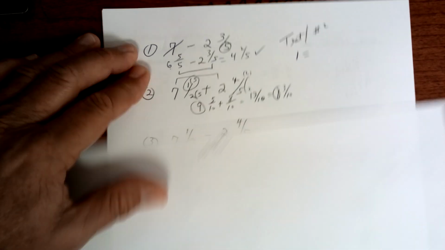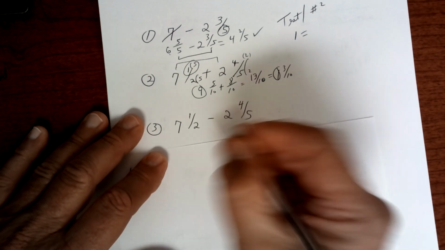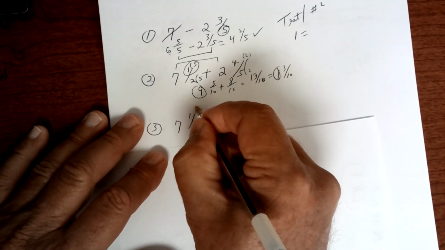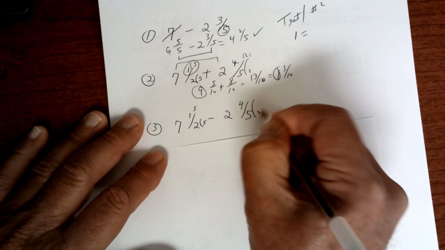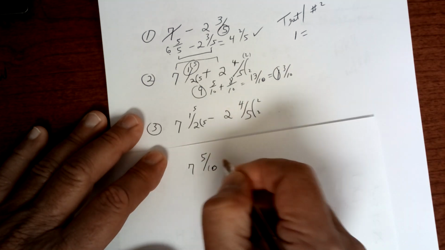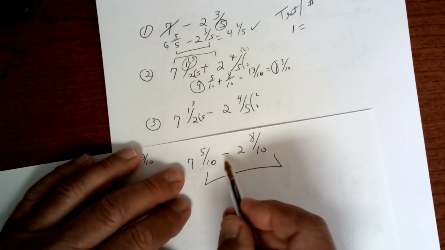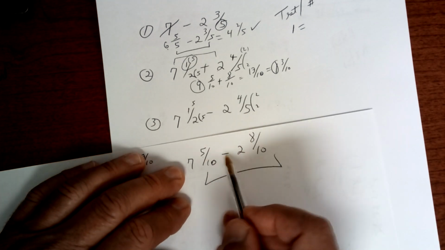This one right here, you have to first find your least common denominator. I'm going to do a 5 here, and I'm going to do a 2 here. So I get 7 5/10 minus 2 8/10. Well, the denominators are the same, but I can't subtract 5 minus 8. So I got to borrow.